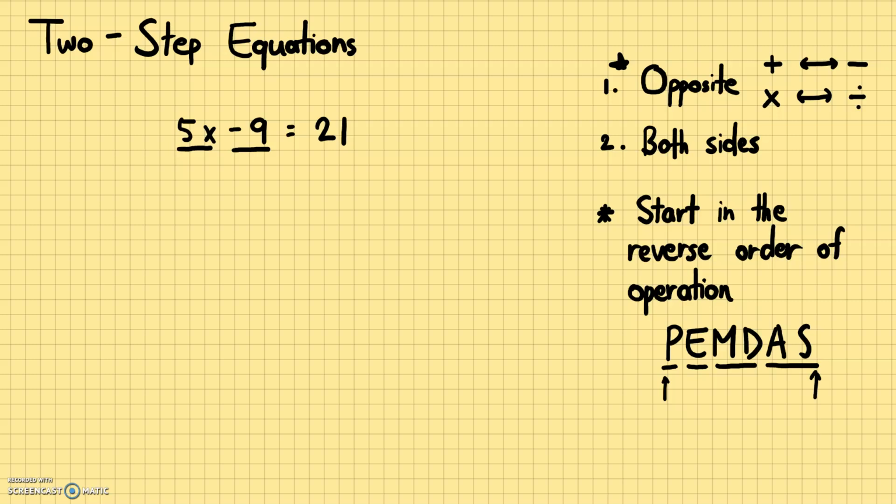So using the reverse order of operations, we need to get rid of the minus 9 first. Or another way of thinking about this is try and get rid of what's on the outside. So right here, it looks like 5 and x are very much attached to each other. So start by getting rid of what's not inside the group of x.